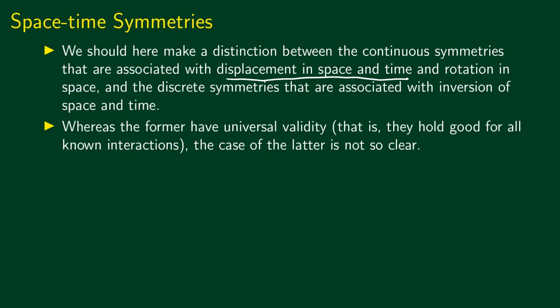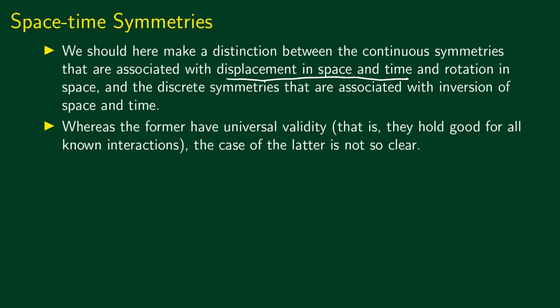In the case of displacement in space, this continuous parameter is just a distance. And for any value of this parameter, we have a possible transformation. We have a possible translation in space, which also means that you can translate in space by any amount that you like. Same is the case with time. In the case of rotations also, there's a continuous parameter. You could think of it as the angle by which you are rotating.